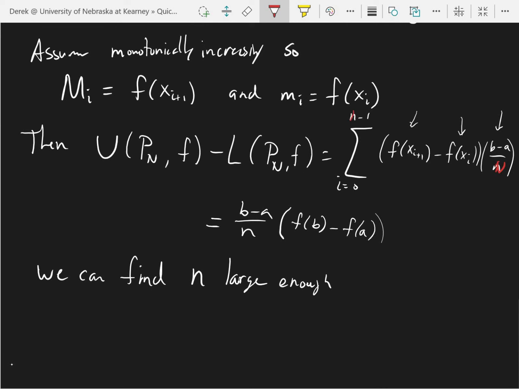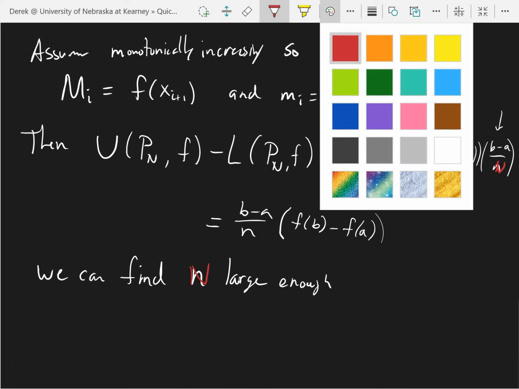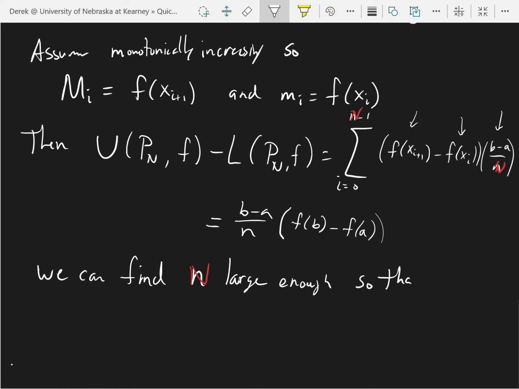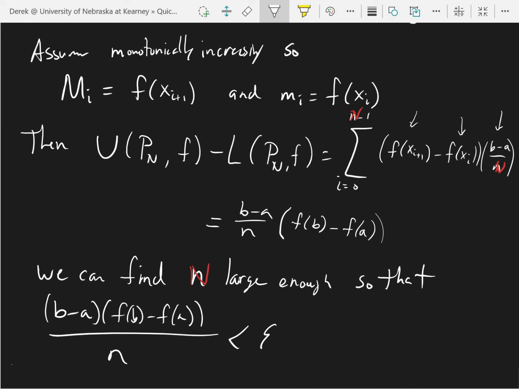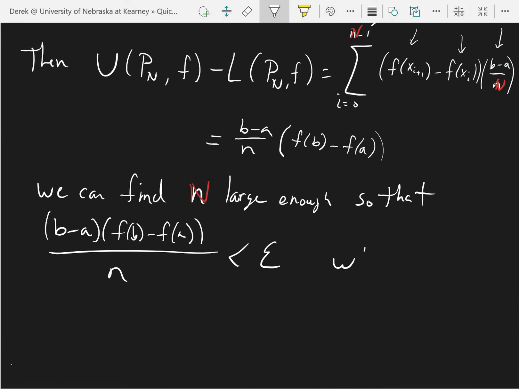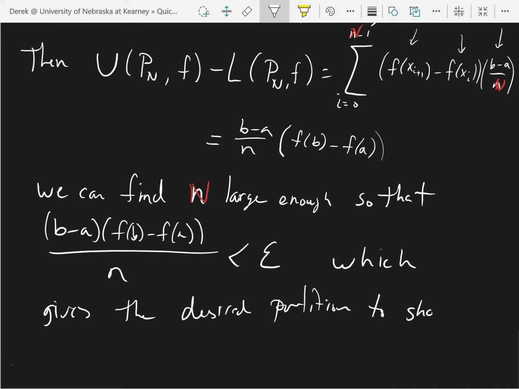We can find capital N large enough so that (b minus a) times (f of b minus f of a) over N is less than epsilon, which gives the desired partition to show integrability, using 6.6 again.